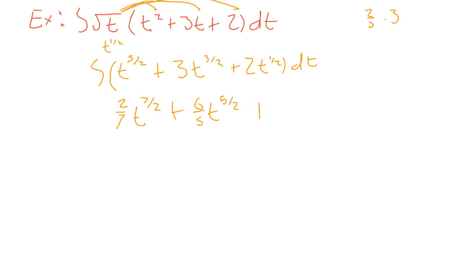And then lastly, we know t to that 1/2 is going to go to 3/2, and then we're going to do 2/3 times 2, which we have out in front, which is going to get us to 4/3. And of course we have to add our plus c to get us there.